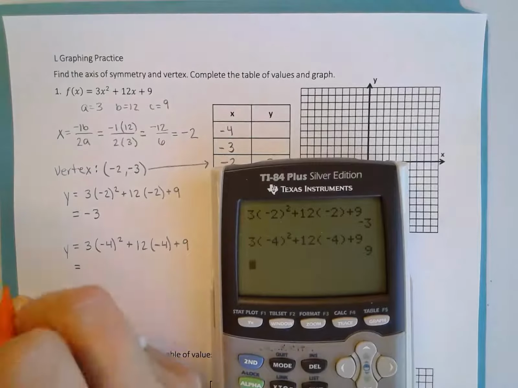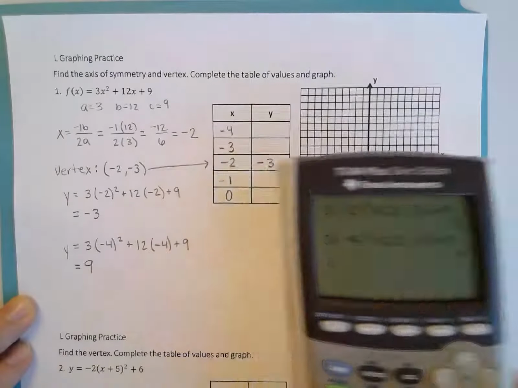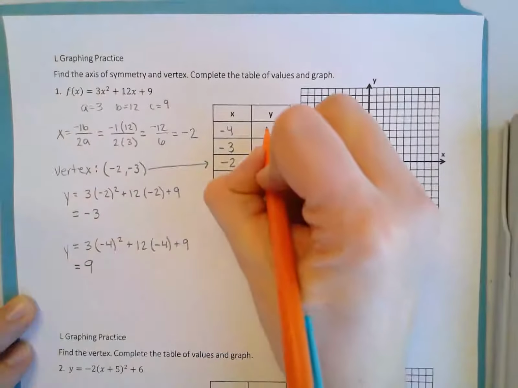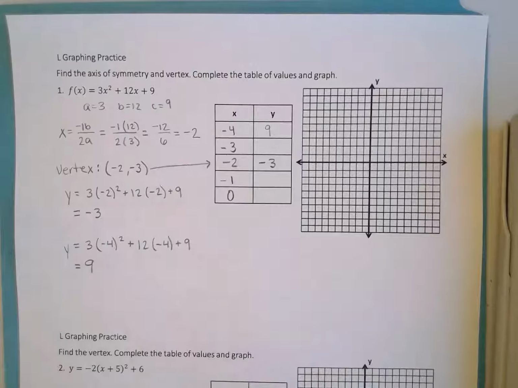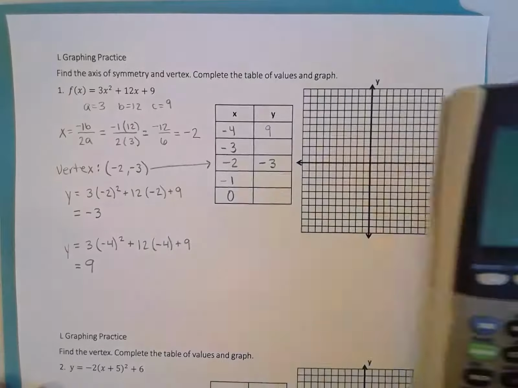That y value will be positive 9. So the xy ordered pair for that point is negative 4, 9. You could continue to do that for each x value in your table, or use your graphing calculator.